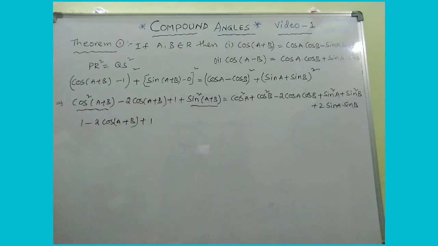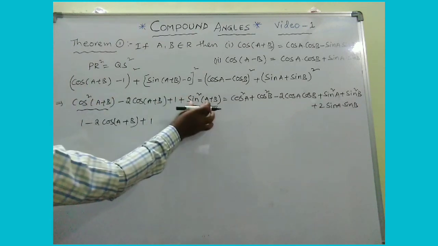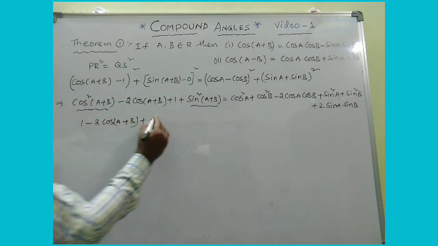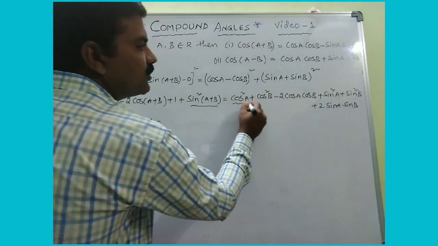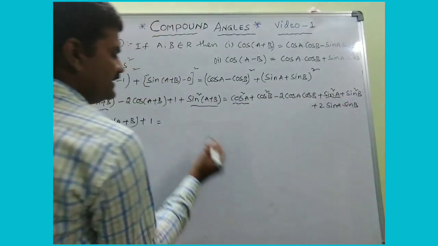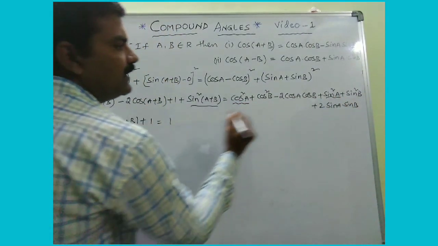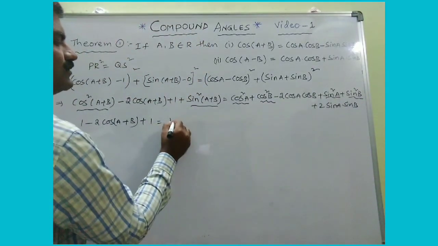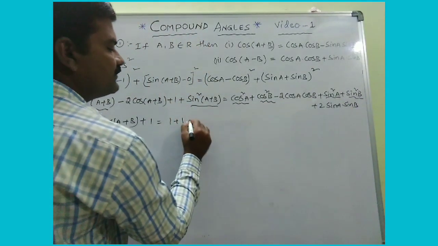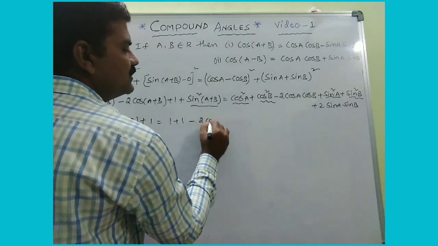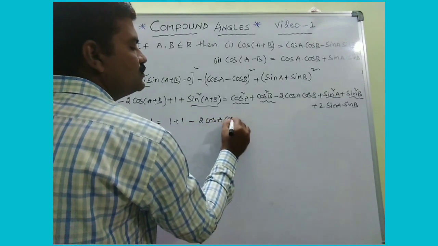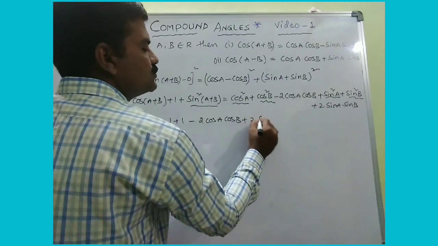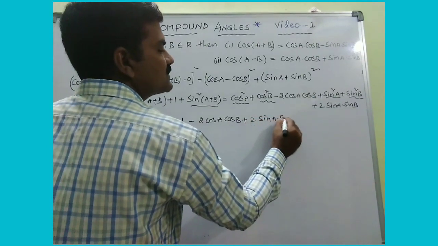I just want to use the standard identity, that is cos square theta plus sine square theta, which is equal to 1. Even here also cos square A plus sine square A, which is 1. And even cos square B plus sine square B, which is also 1. And what is left moreover? Minus 2 cos A into cos B plus 2 sin A into sin B.